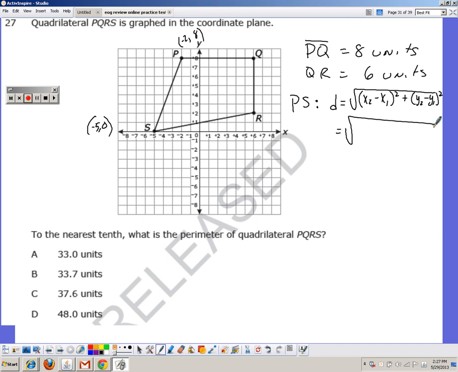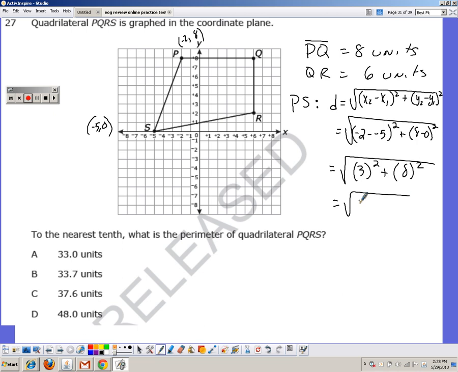So I'm going to do -2 minus a -5 squared plus 8 minus 0 squared. -2 minus a -5 is a +3, squared, plus 8 minus 0 is 8, squared.